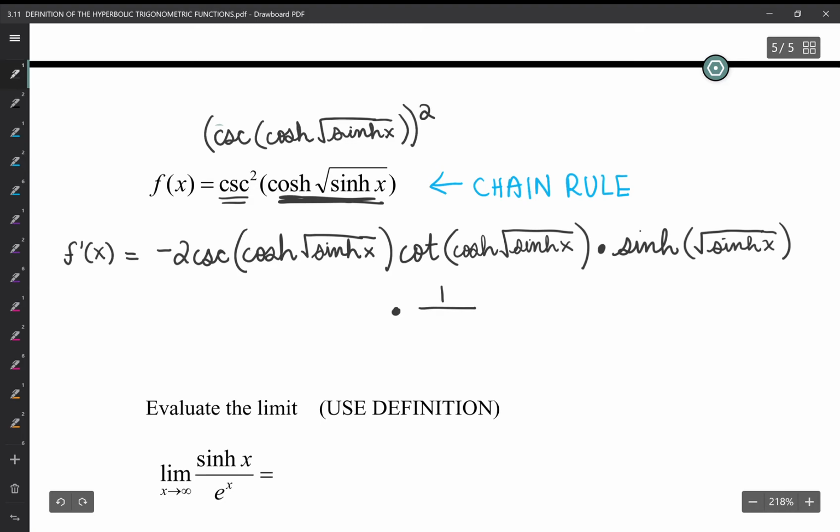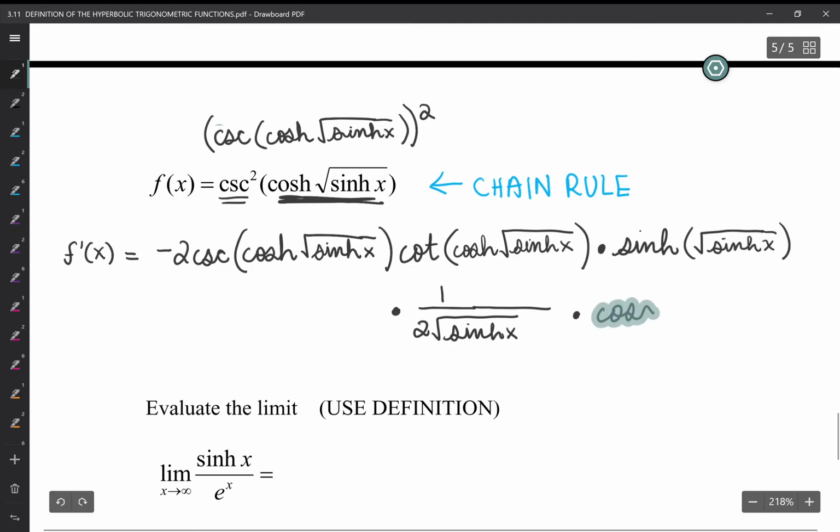So that'll be 1 over 2 times the square root of the hyperbolic sine of x times the derivative of the hyperbolic sine of x, which is the hyperbolic cosine of x.